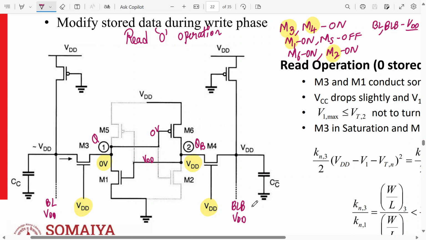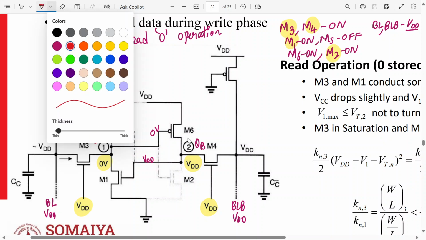So what will happen now? M1 and M6 are on. Both are on. Now what will happen? Perfectly fine. C will discharge via M3 and M1. Absolutely right.